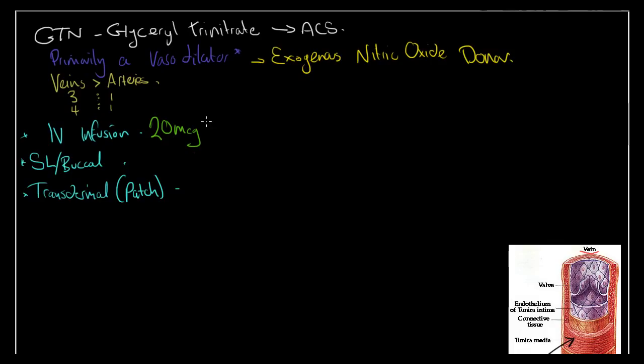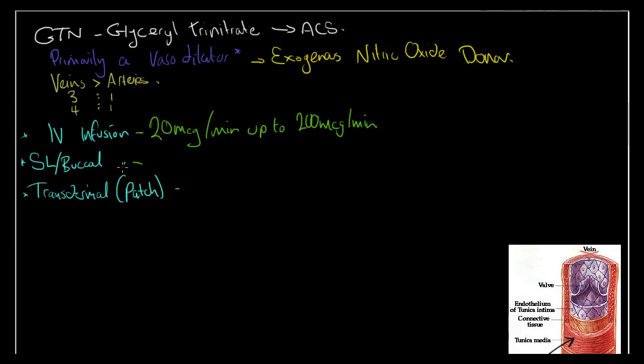But we're aiming for between 20 micrograms a minute up to, because we're going to titrate it up if we need to, 200 micrograms a minute. Now this isn't as common in emergencies. This is quite common in the emergency ward. So once you get into hospital, they might do an IV infusion or transfer a patient from one hospital to another on an IV infusion of GTN.